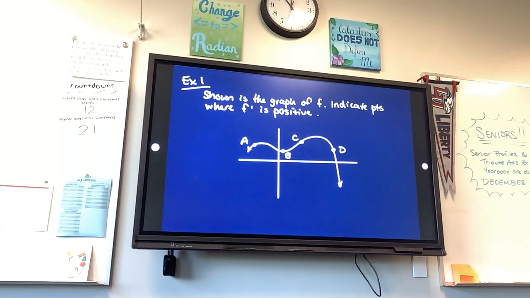Very much a warm-up. This is a very simple question, just getting used to this idea. And I am labeling this graph as f because that's what the problem says that it is. The whole graph is f. Yep, it's the original function f.